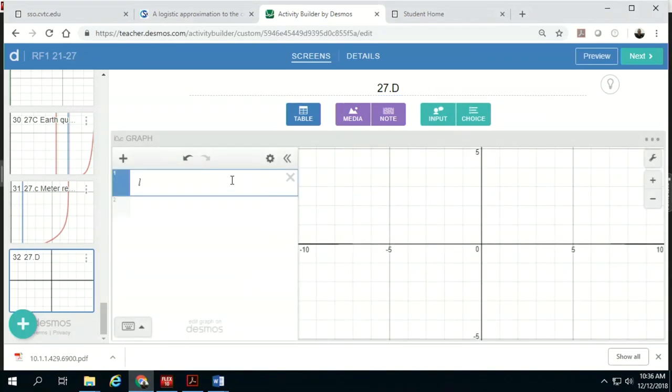Log of x minus 1 plus the log of x plus 2.